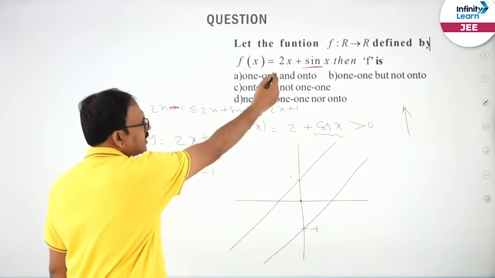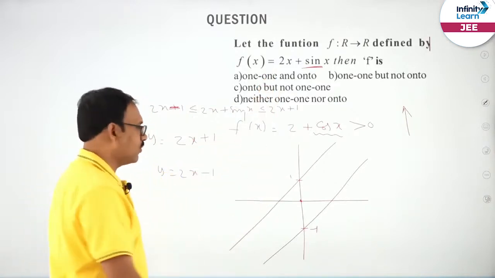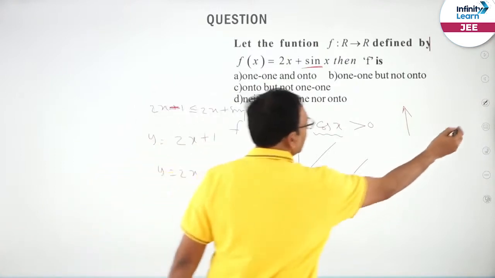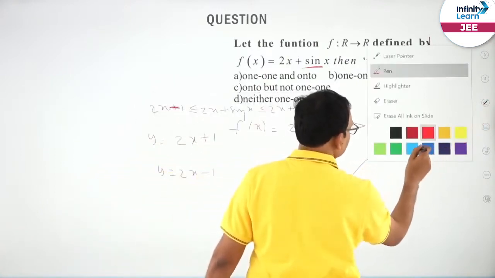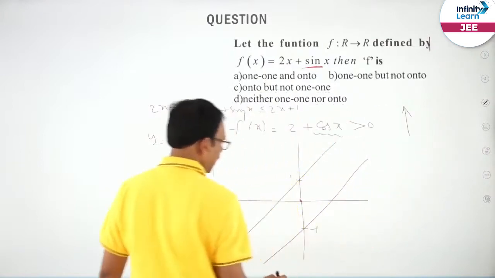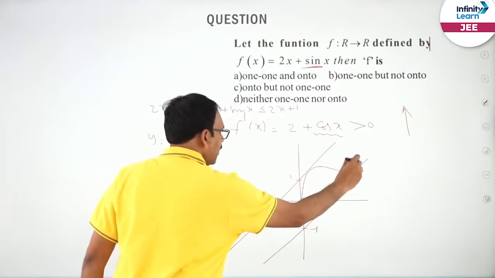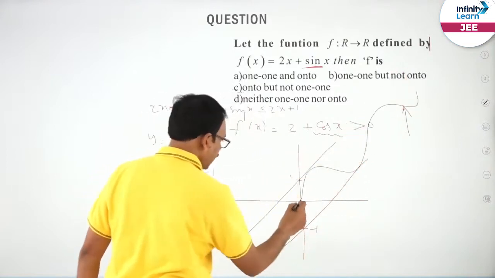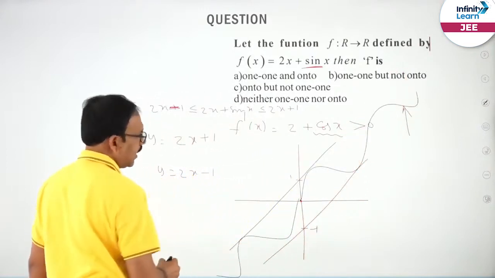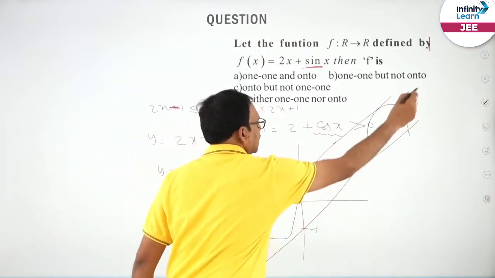Moreover, as x tends to infinity this goes to infinity, x tends to minus infinity this goes to minus infinity. So, I am choosing another color, say dark color. It is passing through origin, you see it will be a strictly increasing function like this, going between these two lines 2x plus 1 and 2x minus 1.